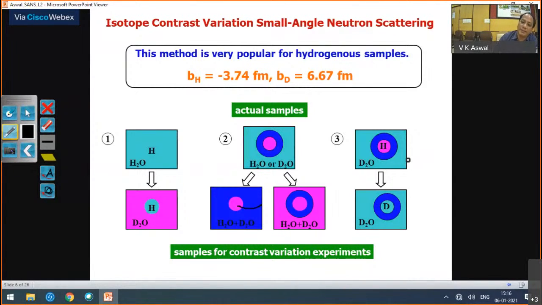If you have a chemistry on your sample, this one is preferred, because in this case you will have a low incoherent background. When you have a deuterated solvent, which is in larger amount in the sample, internal contrast variation is preferred.